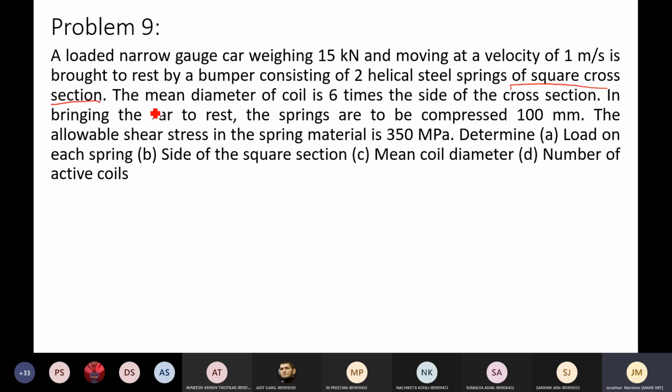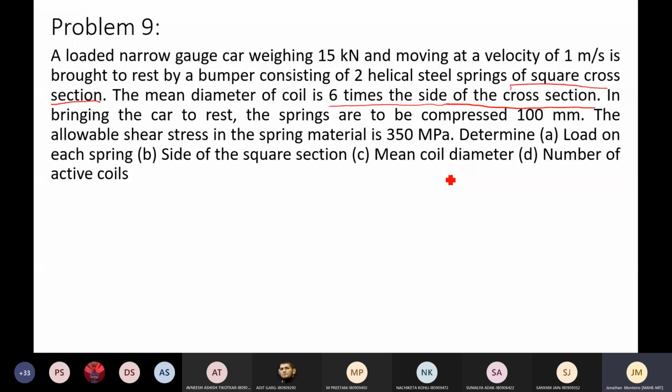The mean coil diameter is 6 times the side of the cross section. While bringing the car to rest, the springs are to be compressed 100 mm. Allowable shear stress 350. Determine the load on each spring, side of the square section, mean coil diameter and number of active coils.